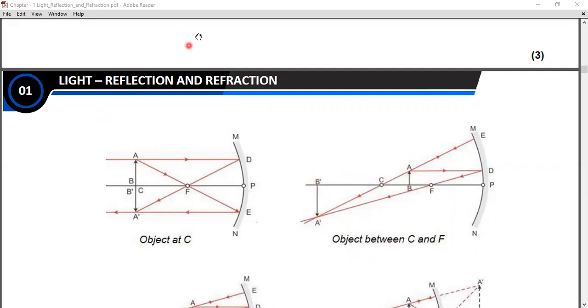And the nature of image is again here real, inverted, and magnified. We will write like this: it is real, inverted, and highly magnified. Not highly magnified, but a bigger one will come, right? Size of the image will be greater than size of the object. So you will write magnification like this: greater than -1. Okay. When the object is kept between center of curvature and focus.